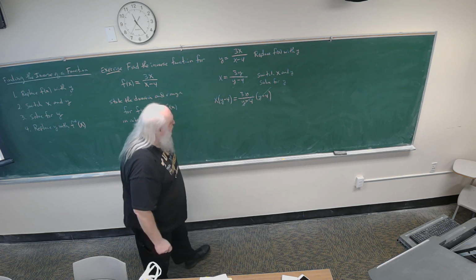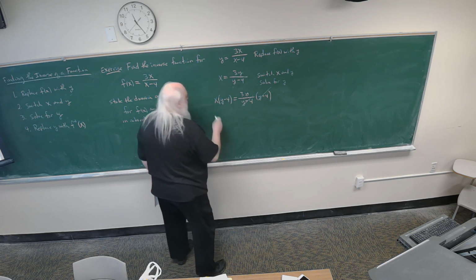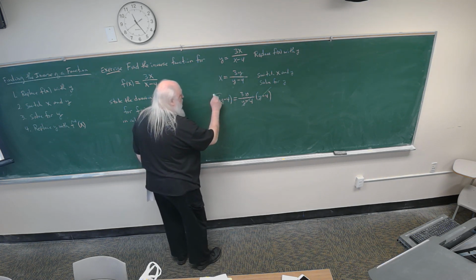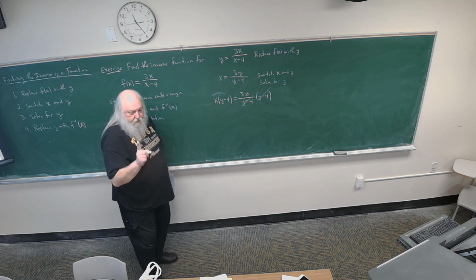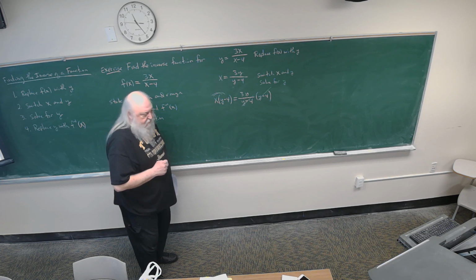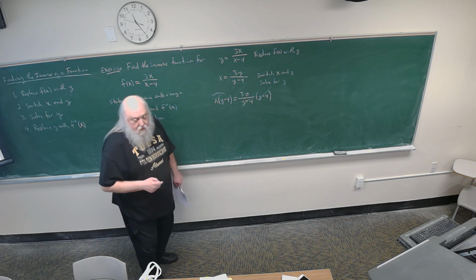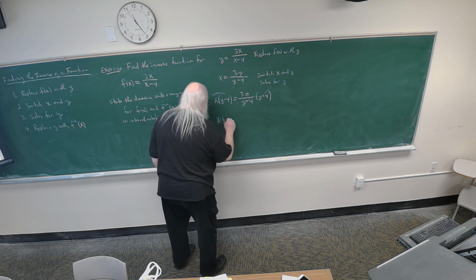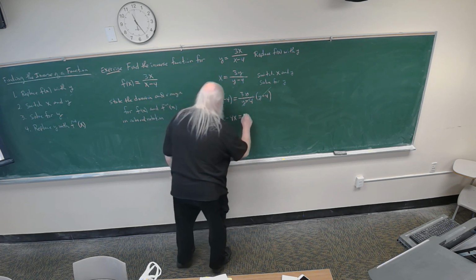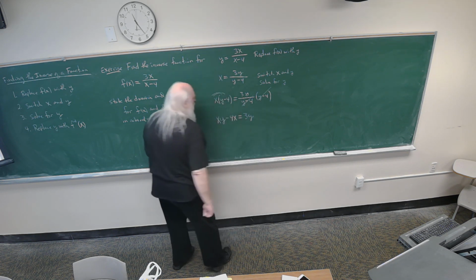Okay, that cancels. And now on the left-hand side, I need to distribute the x inside the parentheses because we want to get down to 1y. So when I distribute the x, I have xy minus 4x is equal to 3y.